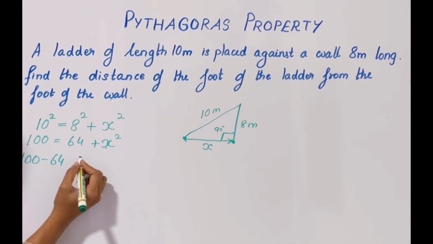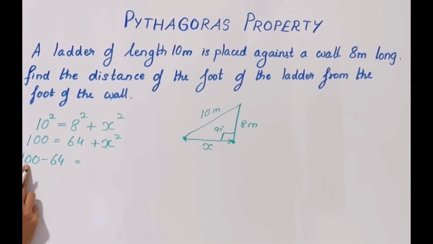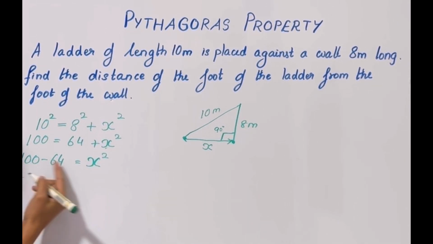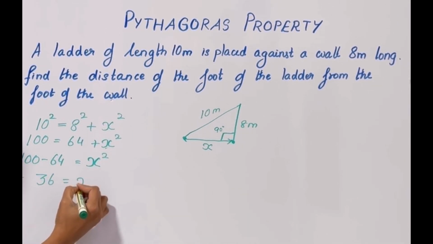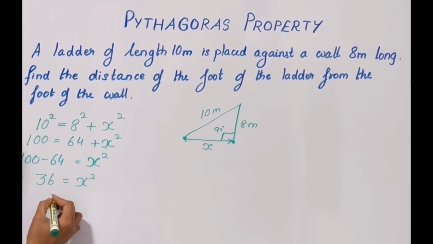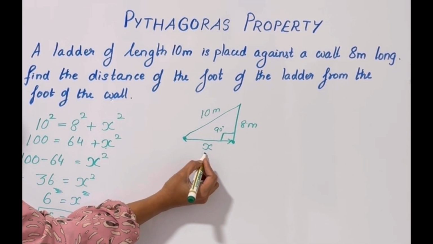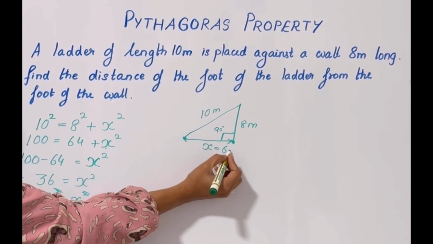So you subtract the leg square from the hypotenuse square to find the other leg. Now 100 minus 64 is 36. And the square root of 36 is 6, because 6 square is 36. So x is 6. The length of the missing leg is 6 meter.